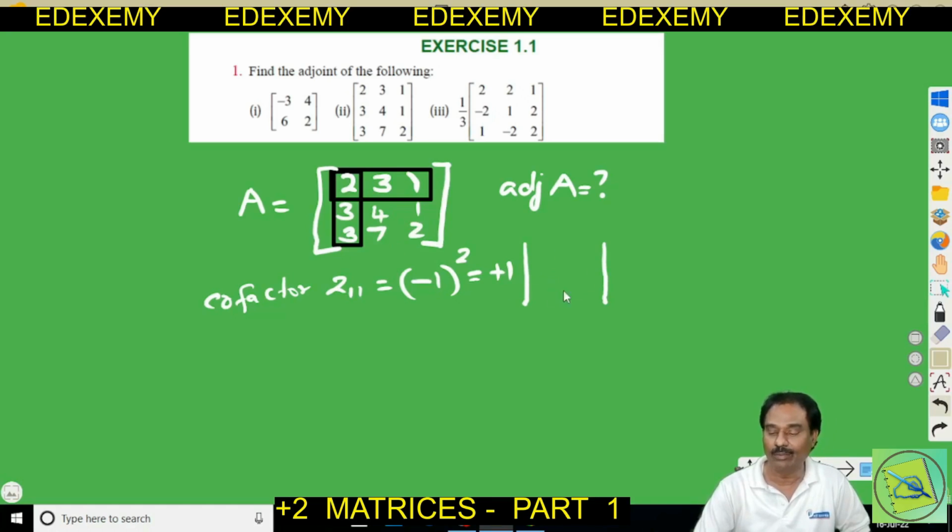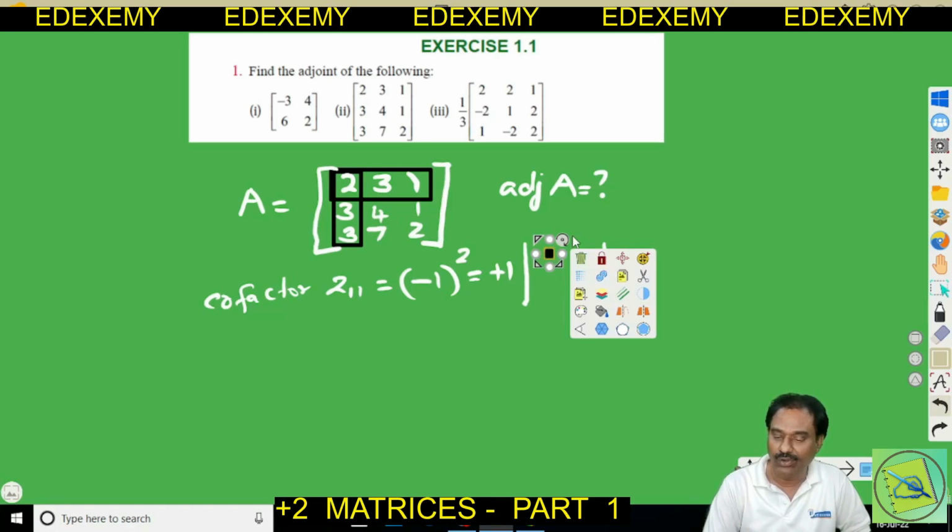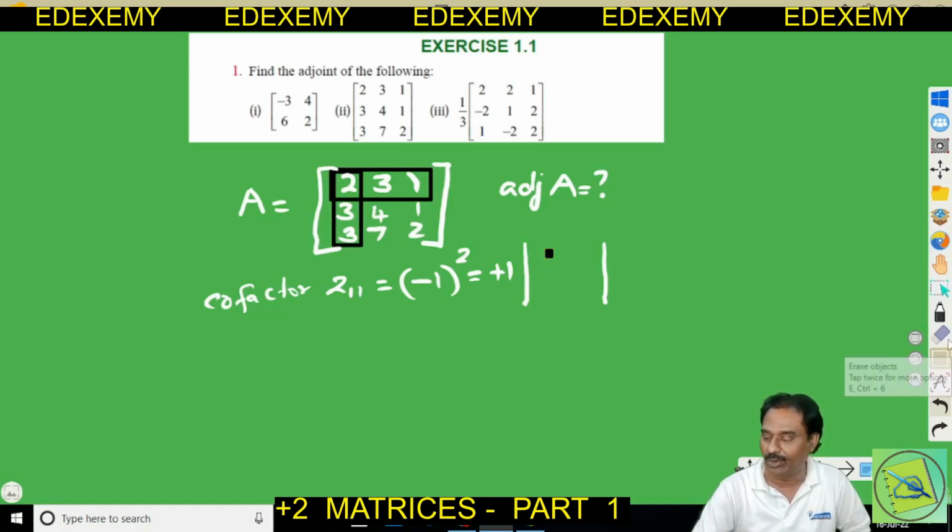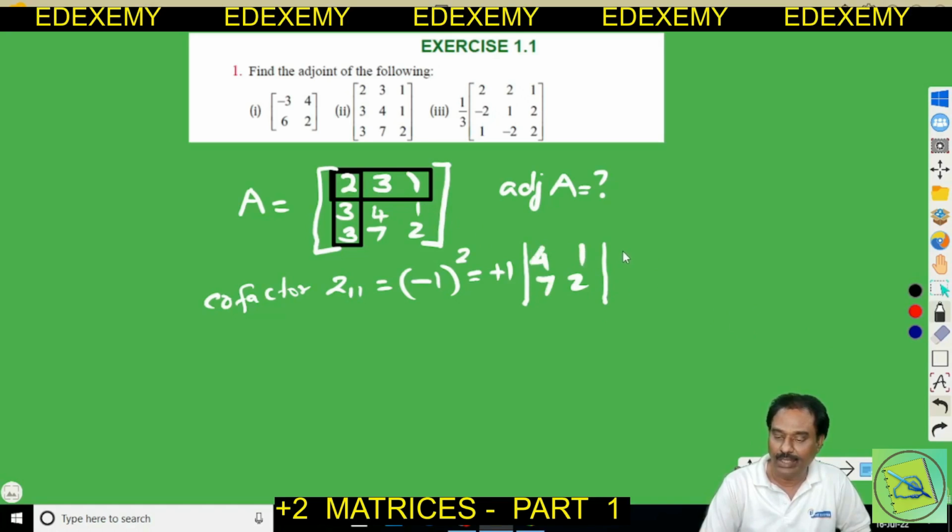So the determinant of 4, 1, 7, 2 is the minor of the cofactor 2. Therefore, with the plus sign, 4 into 2 is 8, minus 7 into 1 is 7, 8 minus 7 is equal to 1. So the cofactor of 2, first row, first column, is 1.